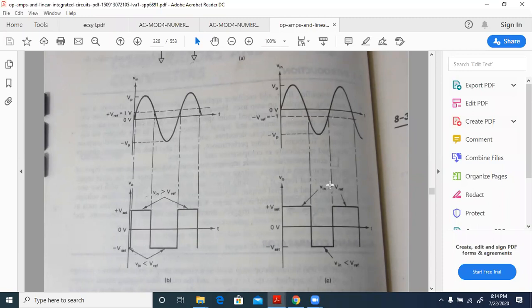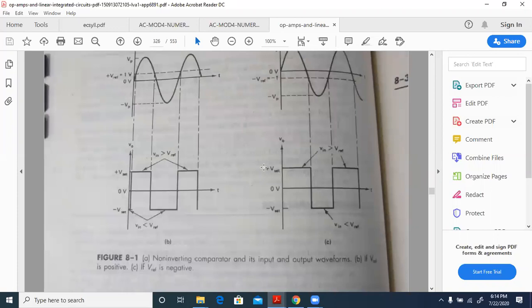Comparator, what does it do? Below the reference, it will be negative. Above the reference, it will be positive, because this is a positive or non-inverting comparator. Non-inverting comparator or positive comparator.